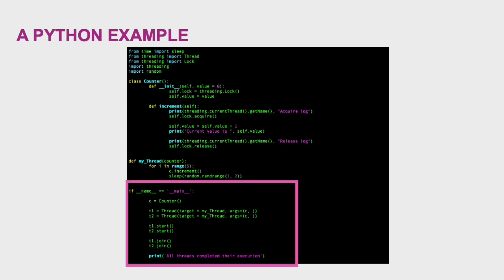First of all, let's consider the main. In the main, we have a now quite familiar structure of the code. Basically, we have two threads, T1 and T2, created by passing in the myThread function. Plus, we pass an argument C, which is a counter.